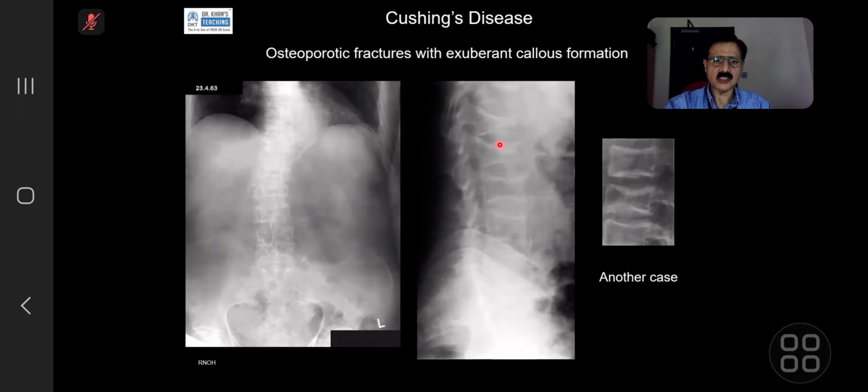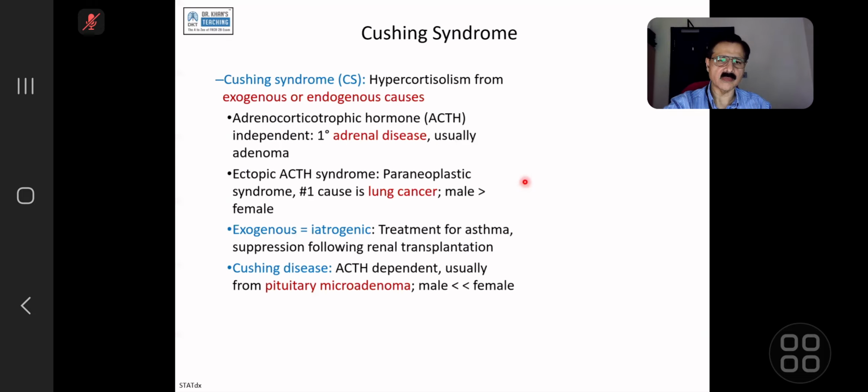So you will see these fractures and you will see this sclerosis is slightly more than what is expected. And this is because of exuberant callus formation. Please also remember the concept behind Cushing's syndrome versus Cushing's disease.